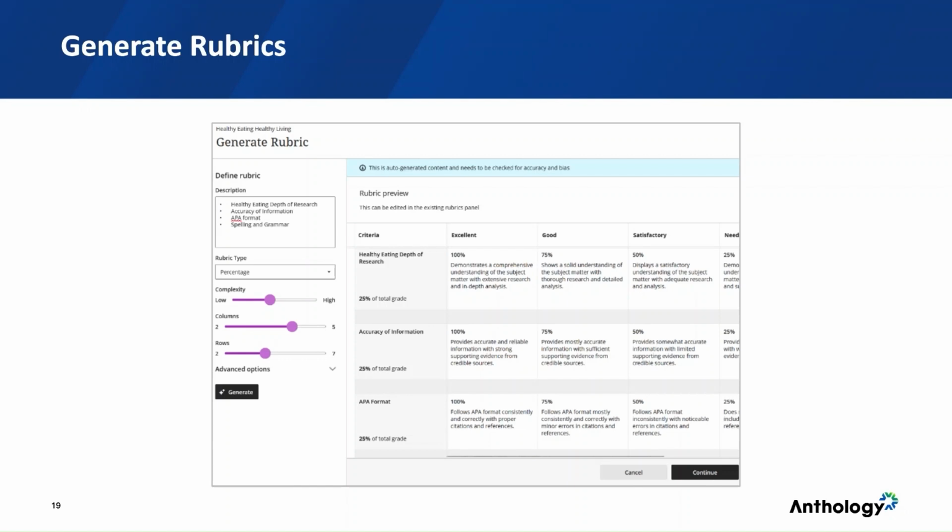Same options in Blackboard: percentage, range, points or points range. Then in this panel on the left side, you'll find complexity, columns, and this is the number of columns or levels that you'd like to add in your rubric, and then rows. Those will represent criteria. Advanced options for languages and click on generate.